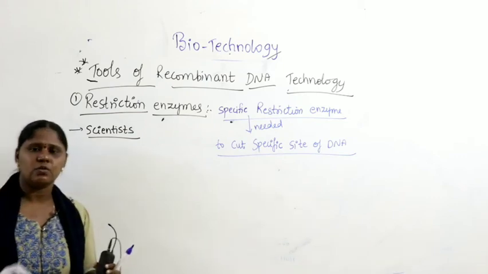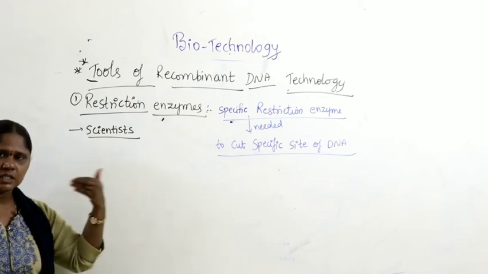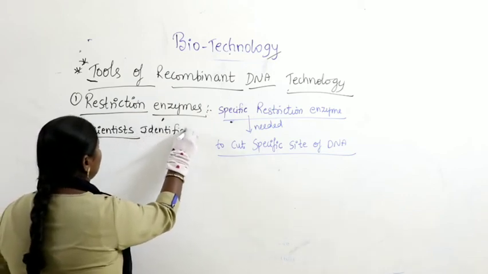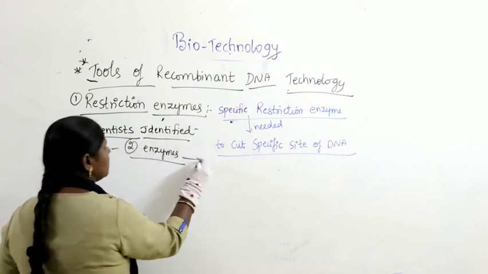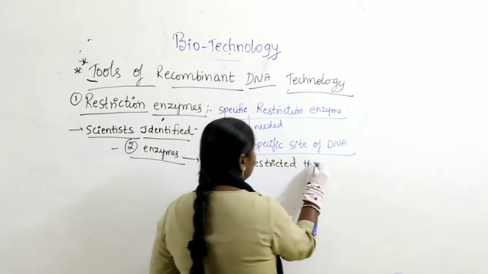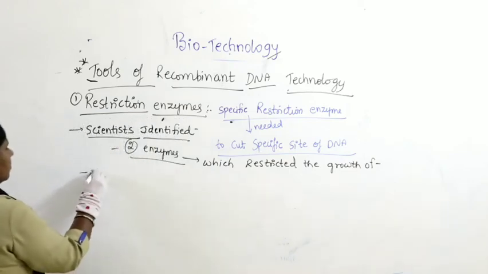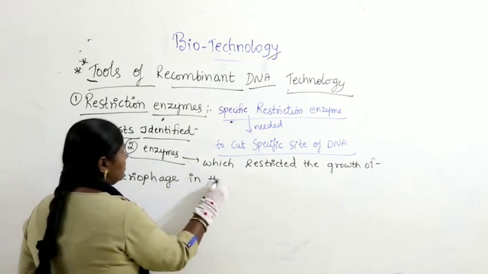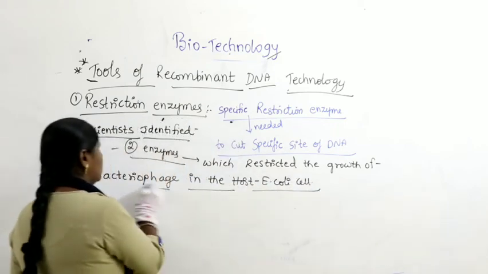Before that, in 1963, the scientists identified the two enzymes, and these enzymes restricted the growth of bacteriophage in the host E. coli cell.